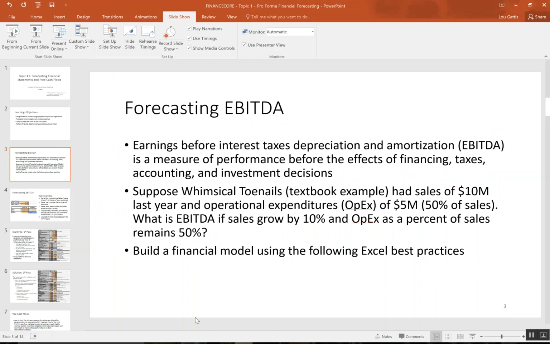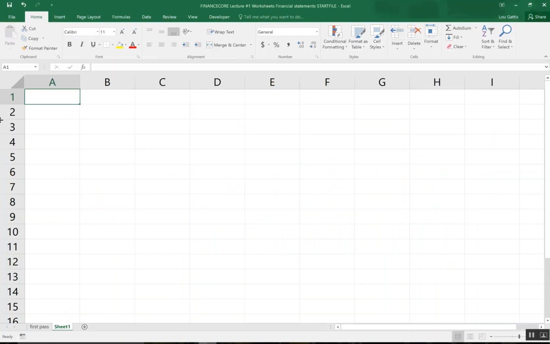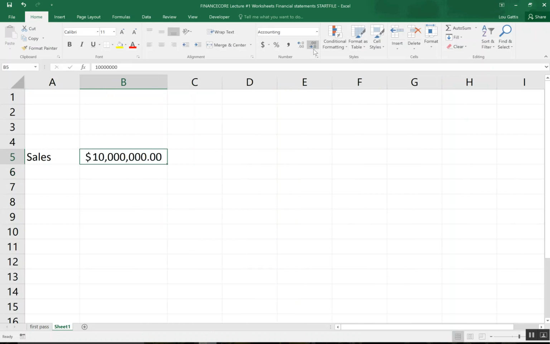So I'm going to switch over to Excel, and let's go ahead and build the financial statement that was given. We had sales of 10 million. So I'm going to put in 10, 1, 2, 3. And I'm going to change that to a dollar sign and get rid of 2 decimal places. So there's my sale of 10 million. I had OPEX of 5 million.